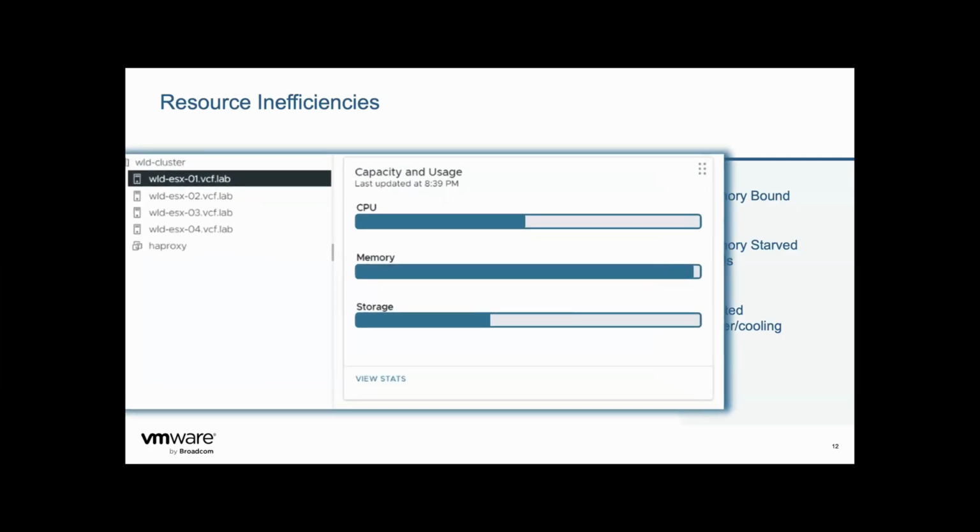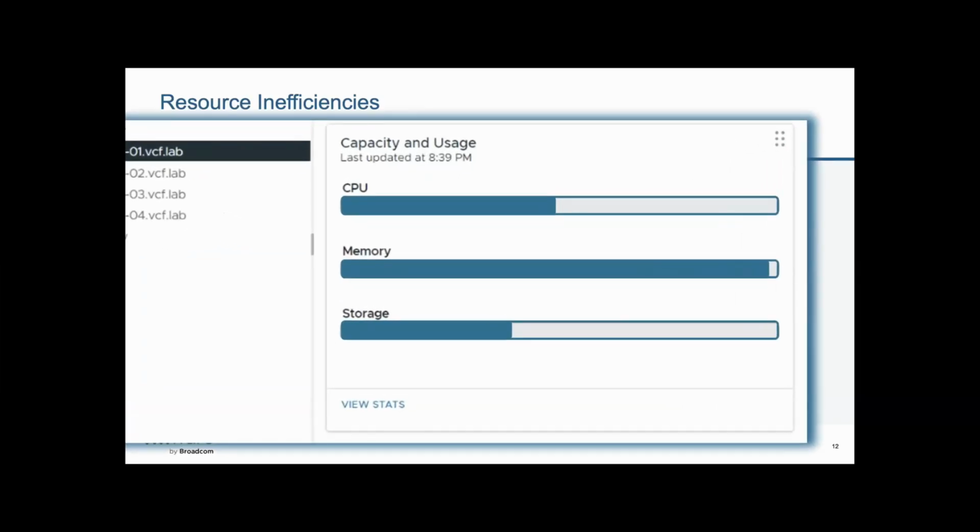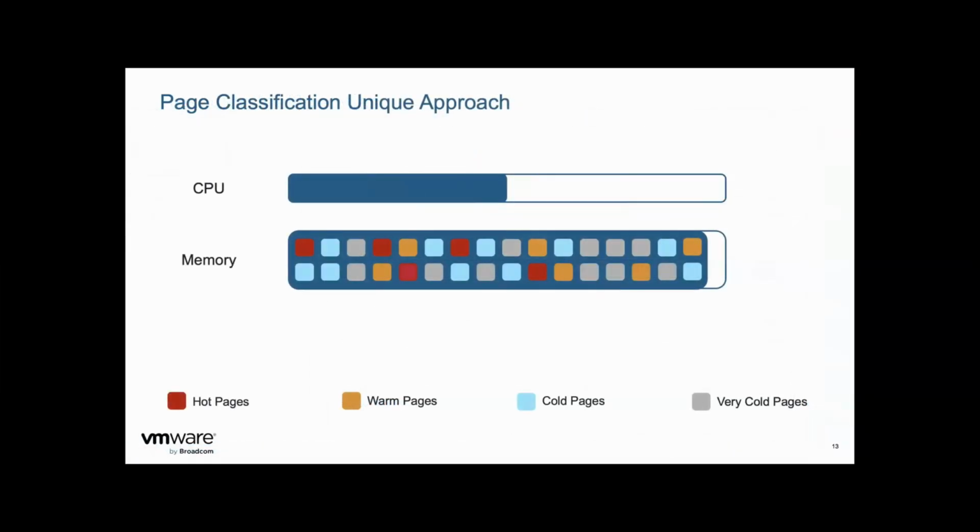So if you dive and look into the CPU and memory allocation here, take a mental picture, and we transpose it to what exactly happens on the back end. What we're doing is actually looking at the pages on the VM. Not only whether they're being touched, but how often, in what pattern, and we're making decisions based on that.